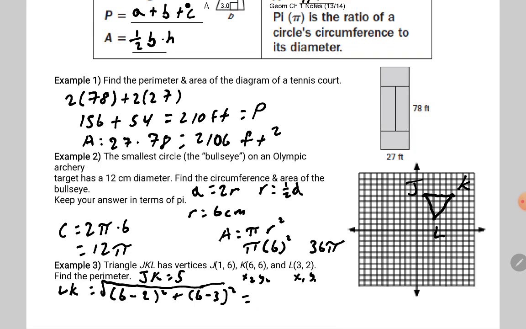And that'll give me the square root of 4 squared plus 3 squared. Sorry for writing so tiny. 16 plus 9, square root of 25 is 5.